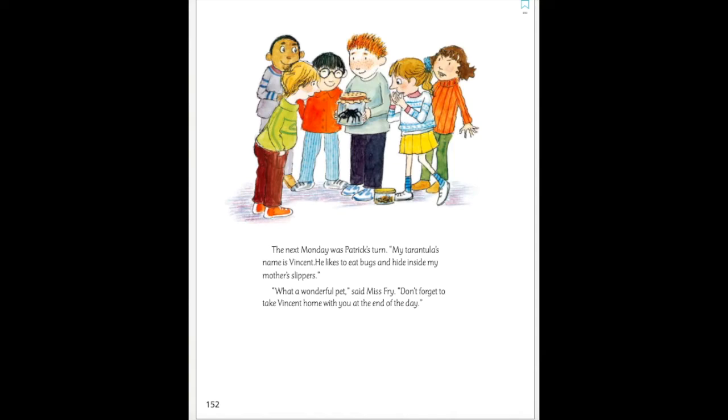Patrick's mom probably won't mind if he leaves the tarantula at school. If she doesn't like that the tarantula hides in her slippers, she probably won't miss him if he doesn't come home.